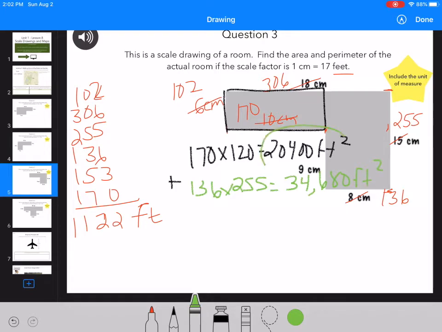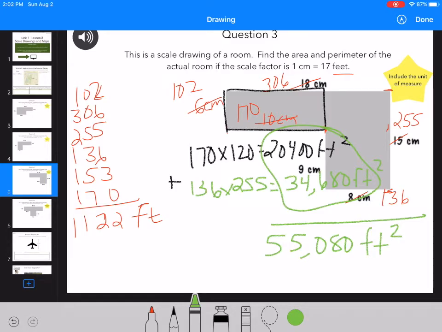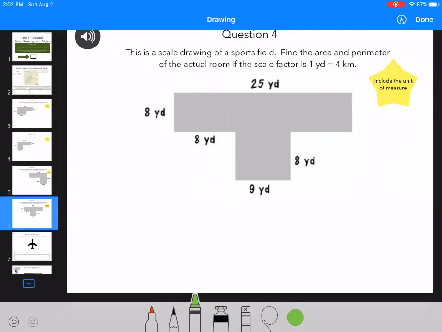So now, instead of subtracting, I'm going to add these two numbers together because it's just a different strategy. And I wind up with 580 feet squared.